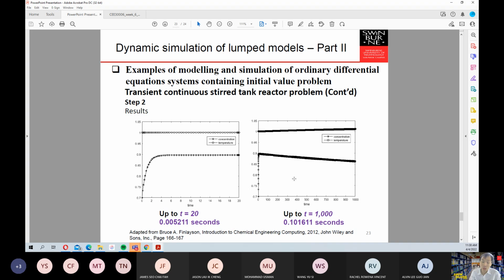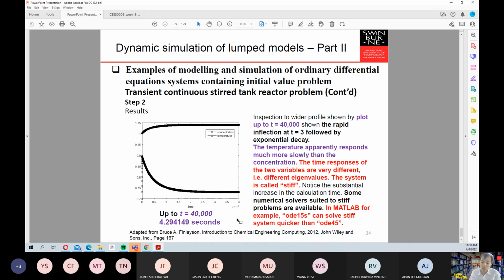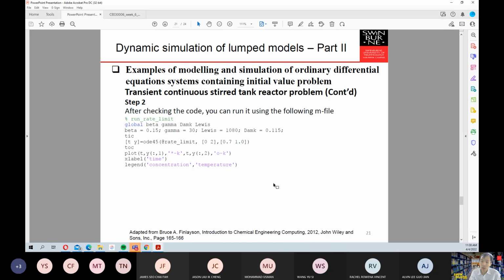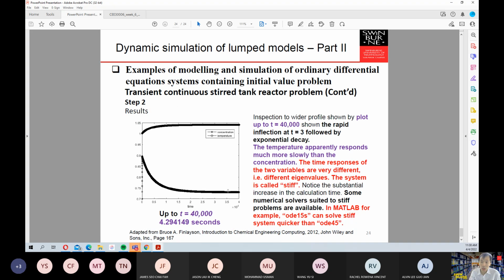You don't stop again. You keep on trying and solve it up to 40,000. In order to do that, you need to change this to 40,000, and that is possible because you are just using a MATLAB toolbox solver. This is where you can see the real behavior. The concentration will initially go up, reaching a plateau, and then go down.